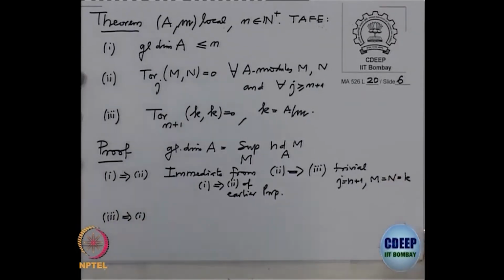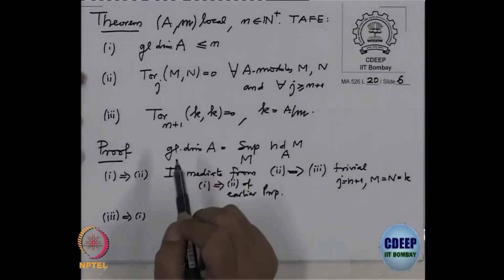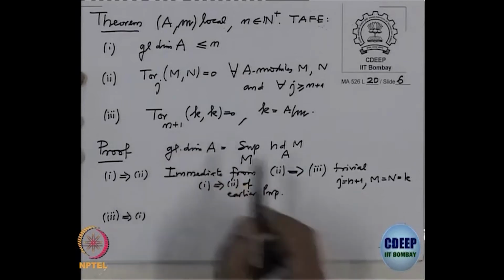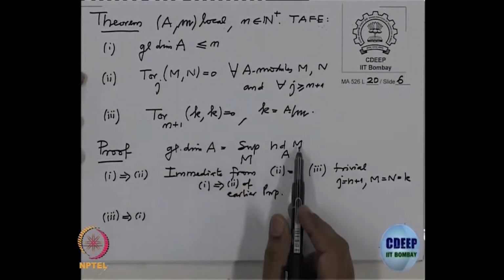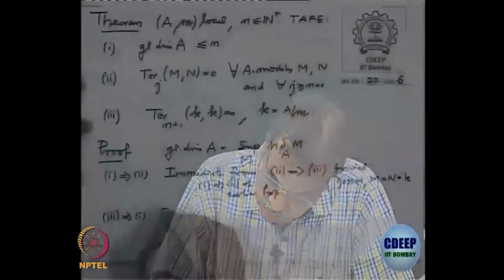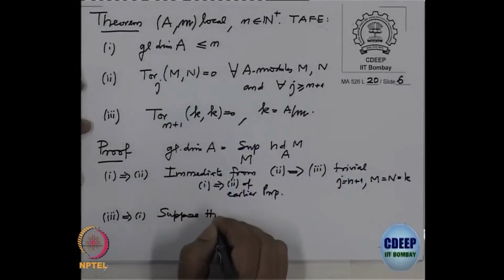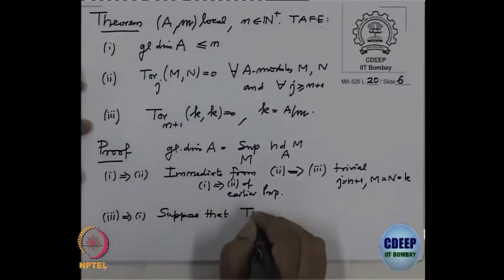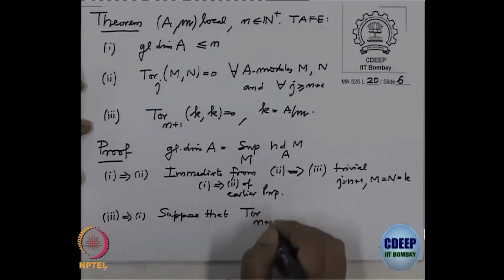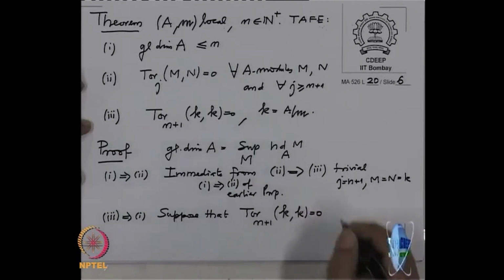Okay. So, suppose 3 holds, that means I am given that Tor_{n+1}(k, k) is 0, and from here I want to conclude the homological dimension of every module is less than or equal to n, then the supremum will be less than or equal to n. So, it is enough to prove: suppose that Tor_{n+1}(k, k) is 0, and what do we want to prove?